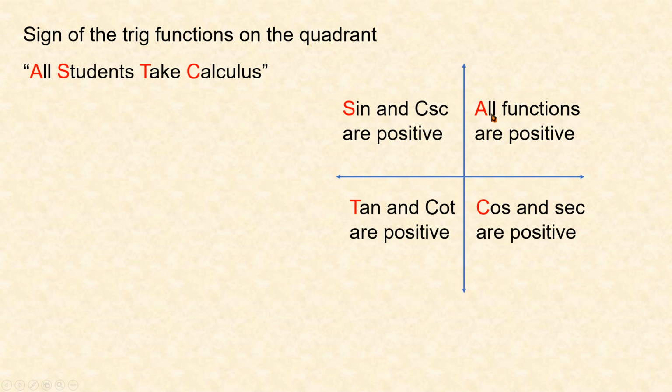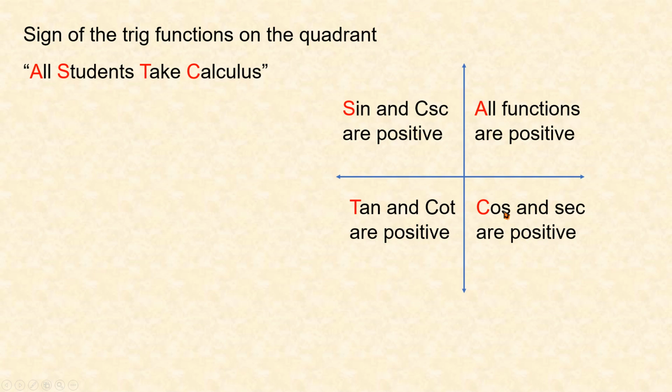So again, all students take calculus: A, S, T, C. All functions are positive in the first quadrant. In the second quadrant, sine and cosecant are positive. The other four are negative. Here, these two are positive and the other four are negative. And here, these two are positive and the other four are negative.